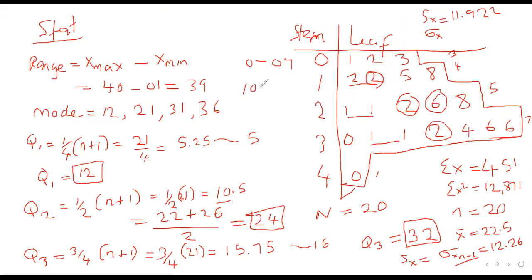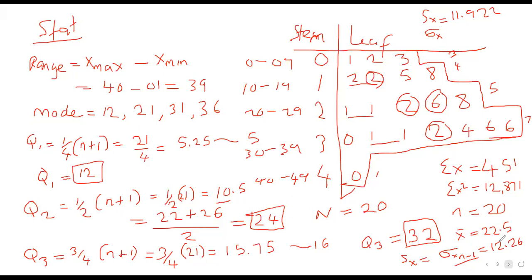Then 10 to 19, numbers starting with ones, how many are they? 1, 2, 3, 4. Then 20 to 29: 1, 2, 3, 4, 5. Then 30 to 39, we have 7. 40 to 49, 1. Sometimes the examiner will tell you to use a class width of 5. Otherwise, you can use the classes according to the stem and leaf diagram. Is that clear?